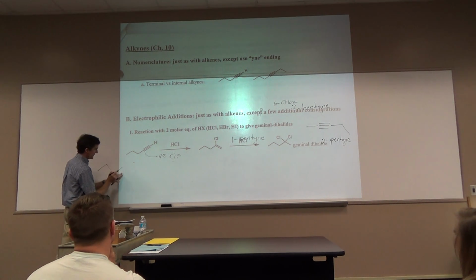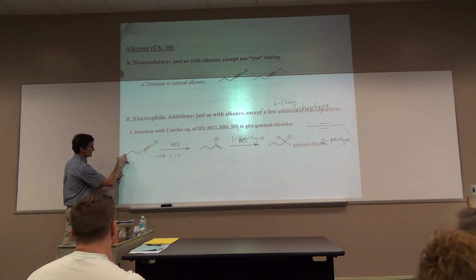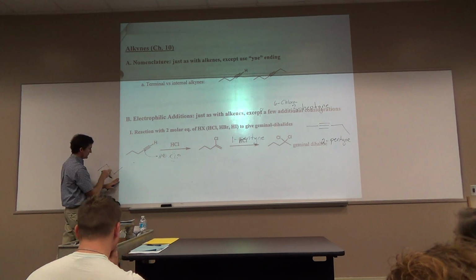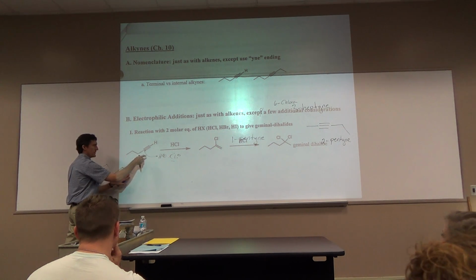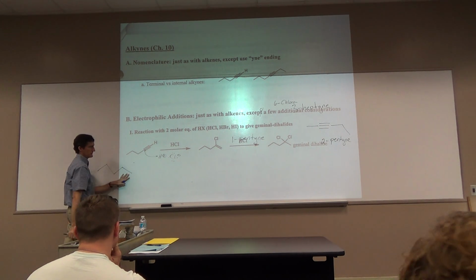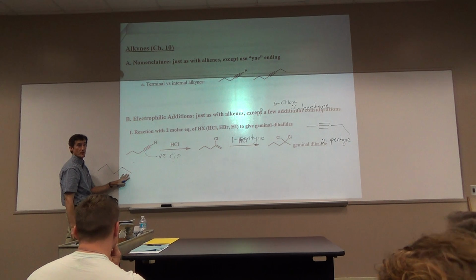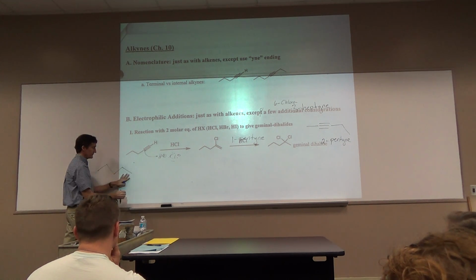Okay, now how are we going to draw this? It's 1, 2, 3, 4, 5 carbons. I can draw it like this now. Which carbon is bonded to the H, the left or the right one? The right one, because we're leaving the cation on the left one.